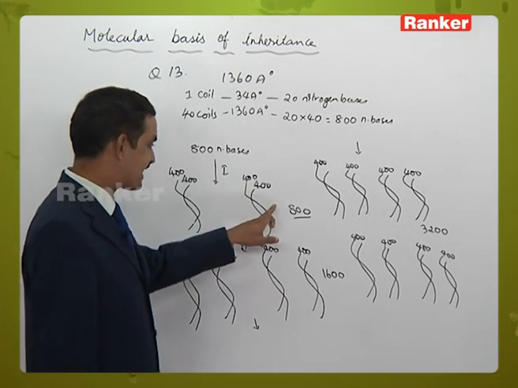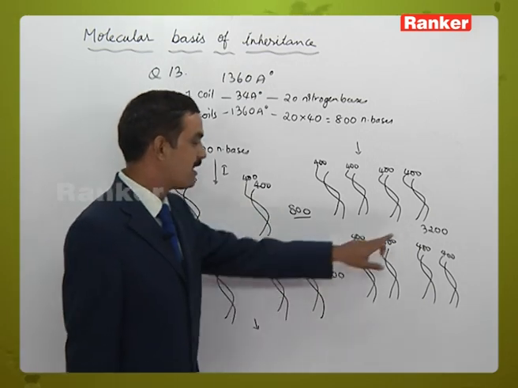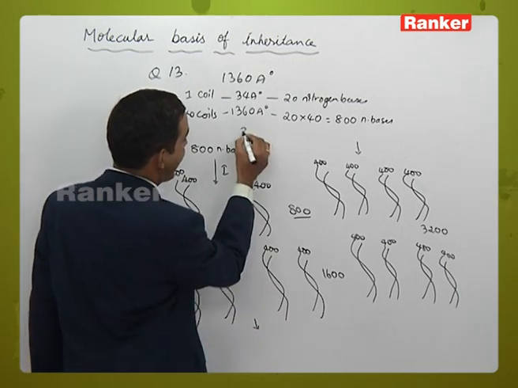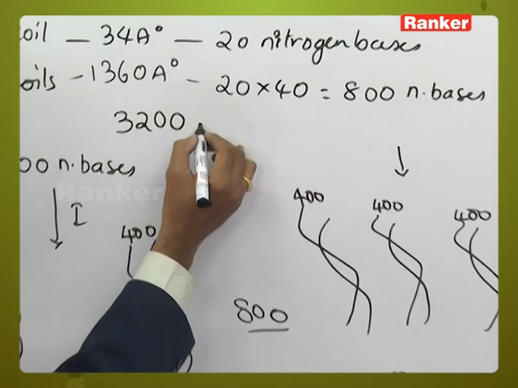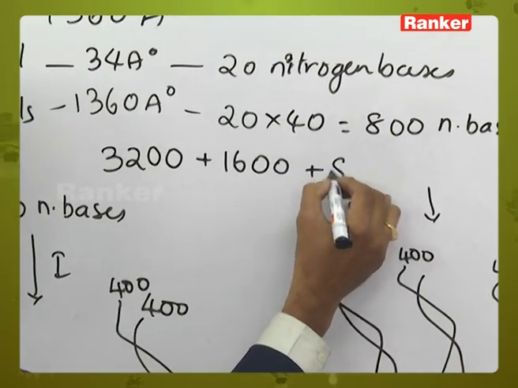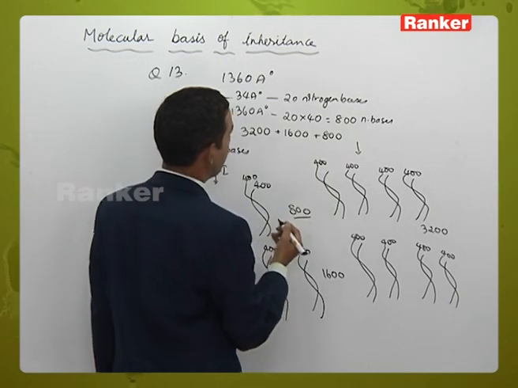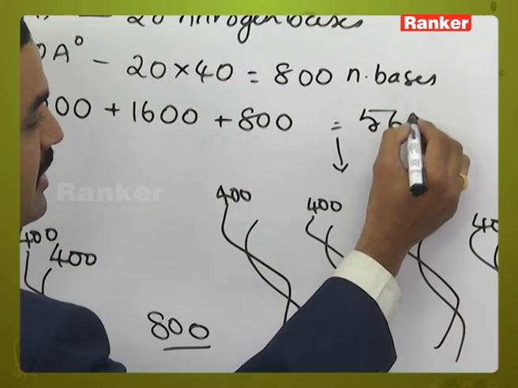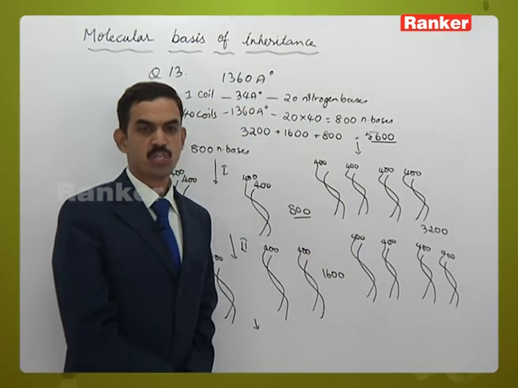In the first generation it is 800, second generation 1600, third generation 3200. So if we add all of them, 3200 in the third generation, 1600 in the second generation, and 800 in the first generation, we get 5600 ribonucleotides.